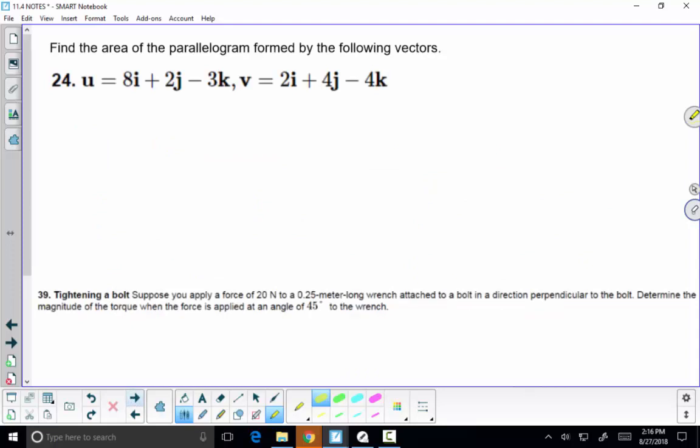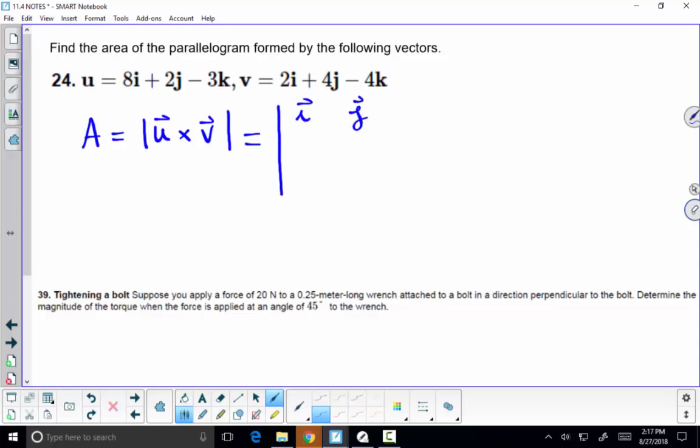Find the area of the parallelogram formed by the following vectors. The parallelogram has area equal to the length of the cross product. That's pretty cool. So the area is going to be the length of U cross V. And U cross V is the determinant that we represent with the following matrix.